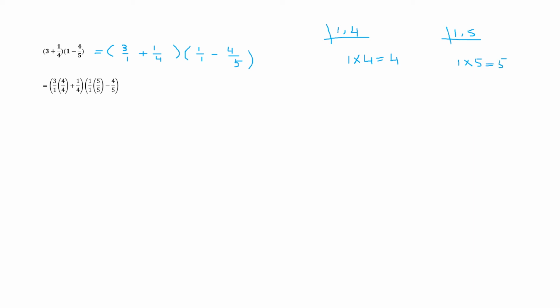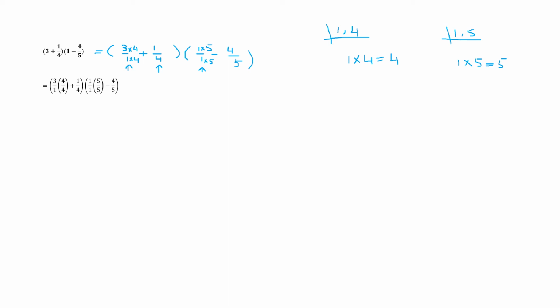Okay, so we need to make this 4 and this is already 4. So to make it 4, we multiply this by 4 and this one by 4 as well. Now the other LCM is 5, so we need to make it 5, so we multiply this by 5. If we do this by 5, the numerator will also be multiplied by 5.